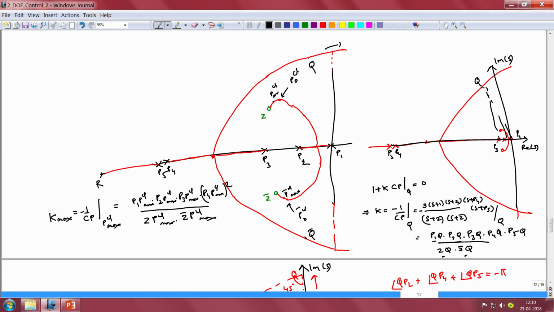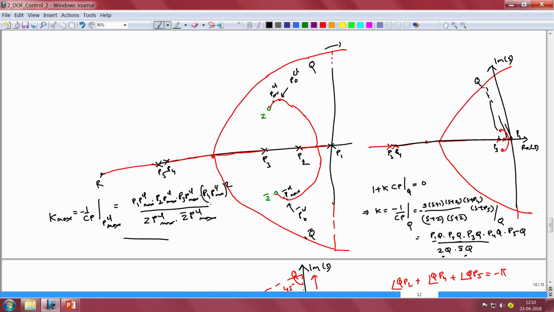So this was what was captured by the equations that we wrote 3 clips back. We determined the maximum value of gain, which is K max, in terms of the distances P1 PCL max, P2 PCL max, P3 PCL max, Z PCL max and Z bar PCL max, all these terms were known.